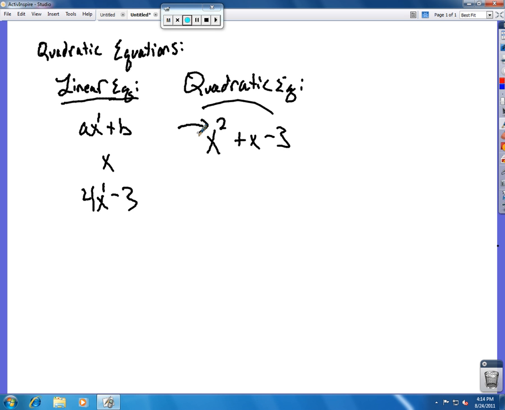So any variable that has an exponent greater than 1 makes it a quadratic equation or a higher degree equation, so obviously it's not linear. Another example would be something like this. There are multiple examples you can come up with, just as long as your variable is squared.